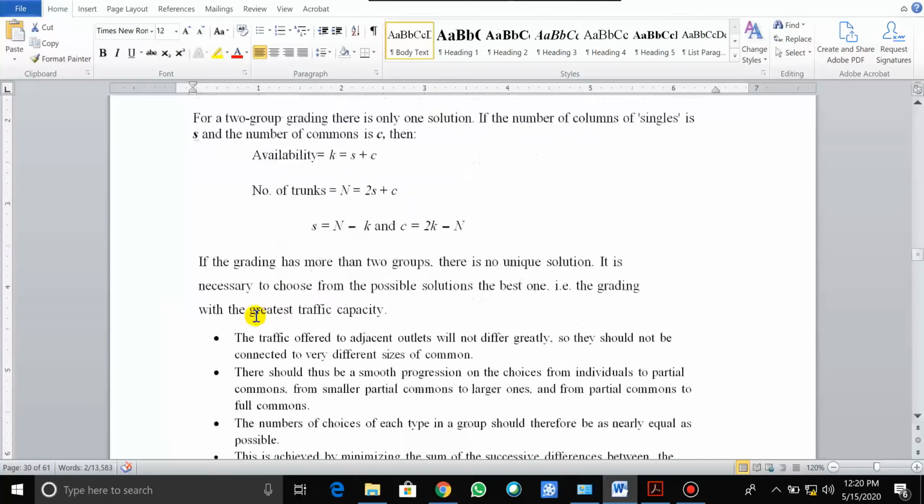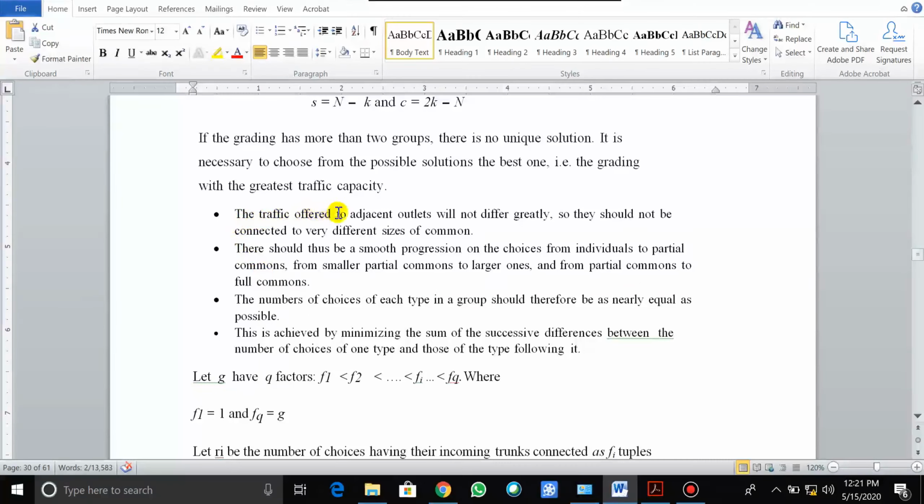If the grading has more than two groups, there is no unique solution. The traffic offered to adjacent outlets will not differ greatly, so they should not be connected to very different sizes of common, and there should thus be a smooth progression in the choice from individual to partial commons, from small partial commons to larger ones, and from partial commons to full commons.